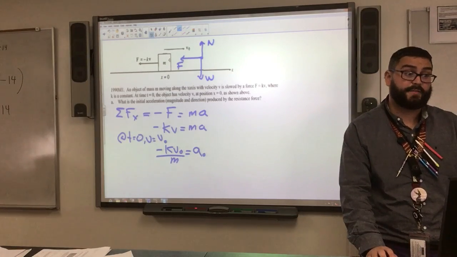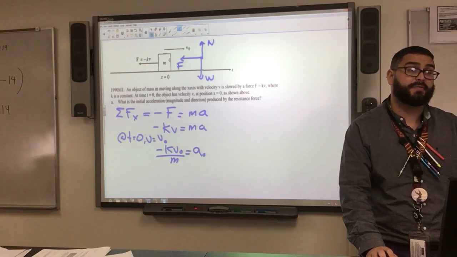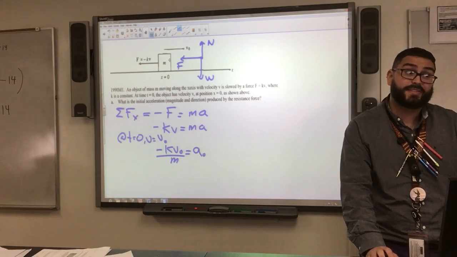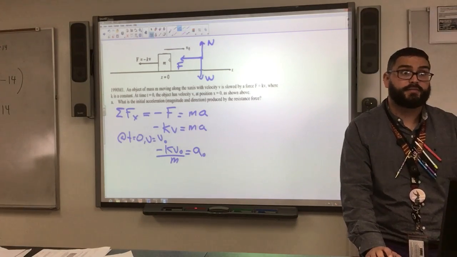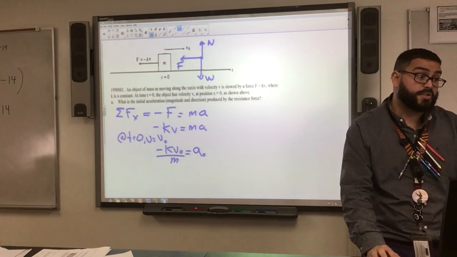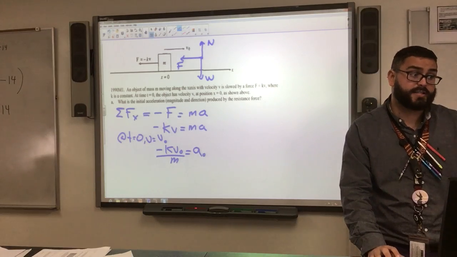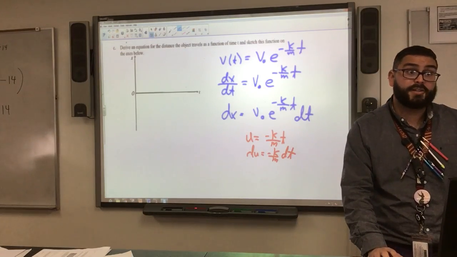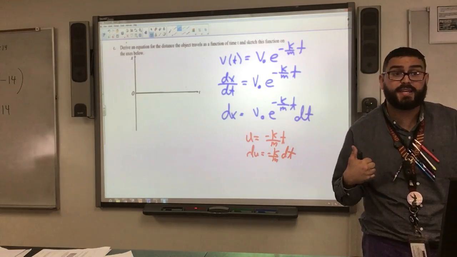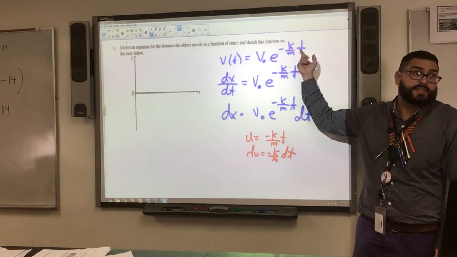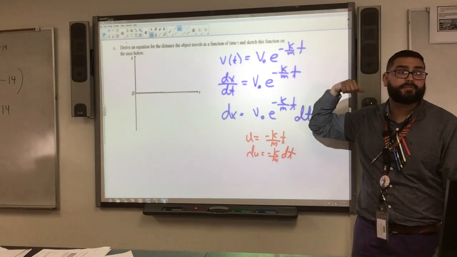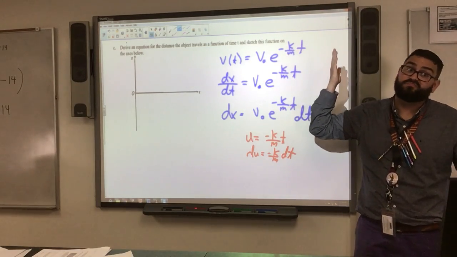There's just the friction force stopping it to the left. Ultimately, this thing is going to stop. That's a good thing to double check. Take a look at that function: if I plug in a big enough t, e to this goes to 0. Multiply that by v naught, 0. Yeah, you're right.